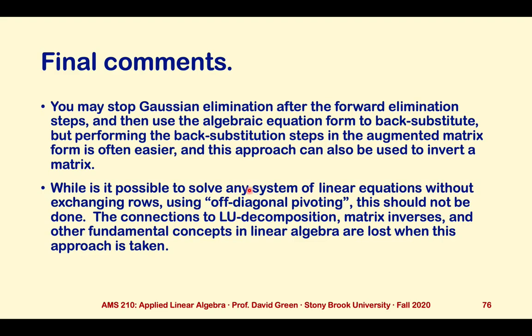In the next units, we're going to be discussing matrix inverses, LU decomposition, and other things. And those connections exist when we are doing Gaussian elimination as we have discussed here. So stick with clean Gaussian elimination.